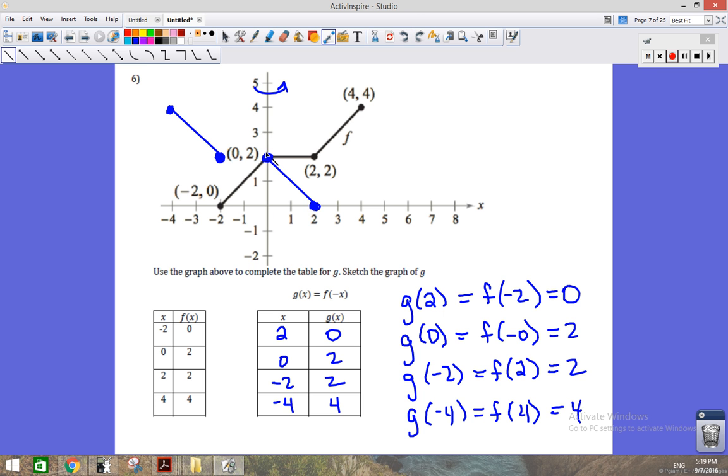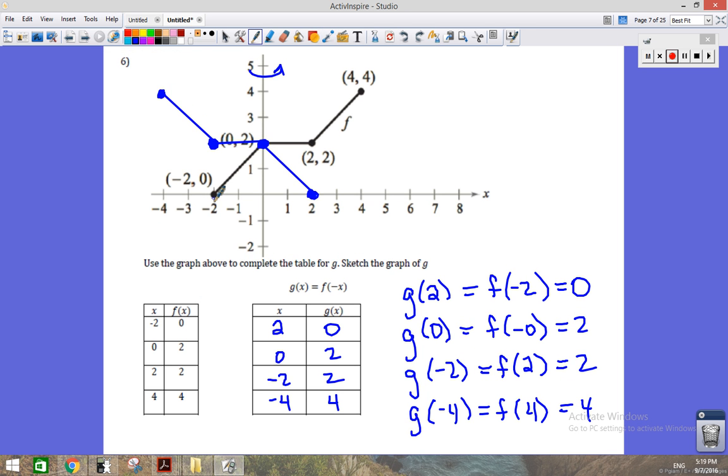What do we observe? Well, we observed what we were expecting, that this point -2, 0 got reflected across the y-axis. The x-coordinate changed signs. -2 became +2, and this is 2, 0. Now, a point already on the y-axis, when it reflects across the y-axis, it just stays there.